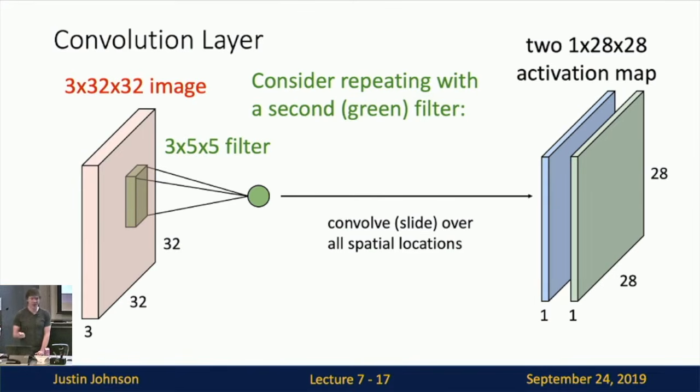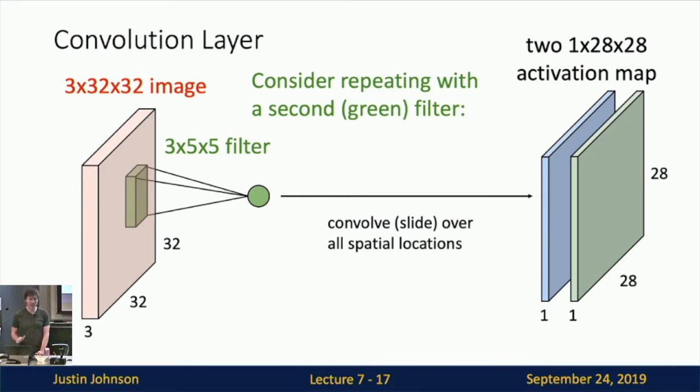But when we convolve with this second green convolutional filter, we perform the exact same operation. We take this 3 by 5 by 5 convolutional filter, and we slide it over all positions in the input and compute an inner product at each position. And this produces a second 1 by 28 by 28 output plane, giving all the responses of the input image to that second convolutional filter.